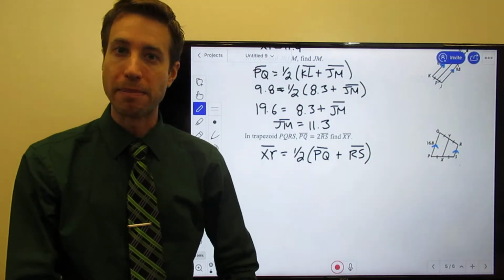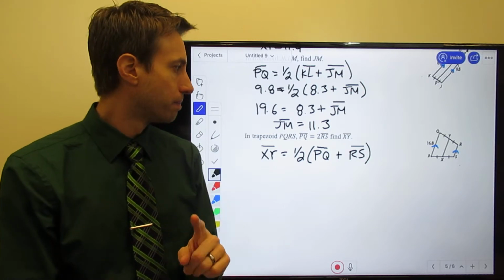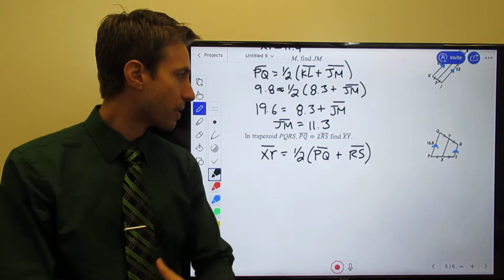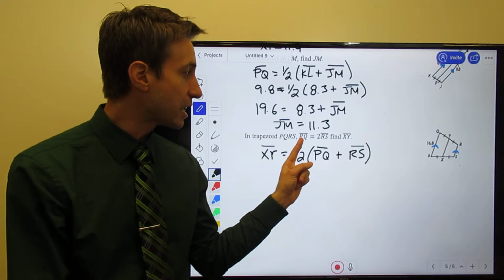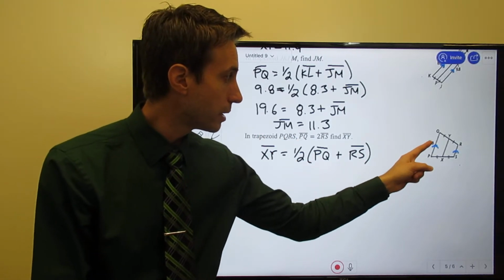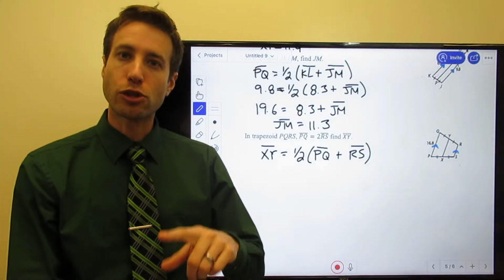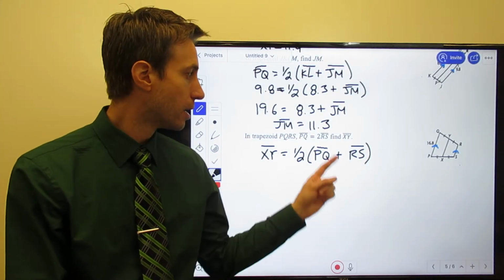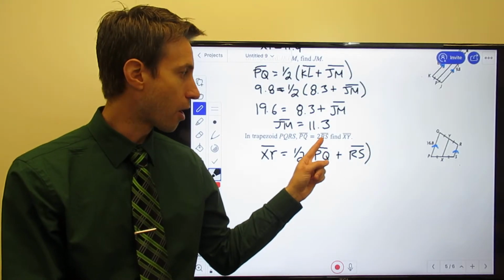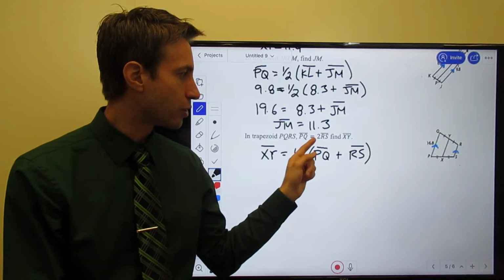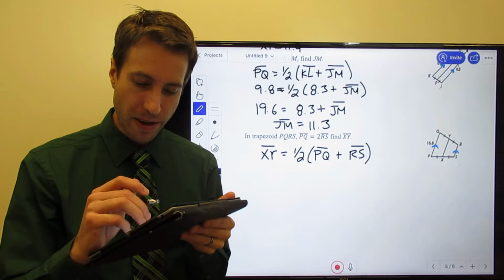That'll get me my midsegment. But hold on. Here's some interesting stuff for you. I tell you in the trapezoid that PQ is equal to 2 times the length of RS. I actually need to solve that problem first.